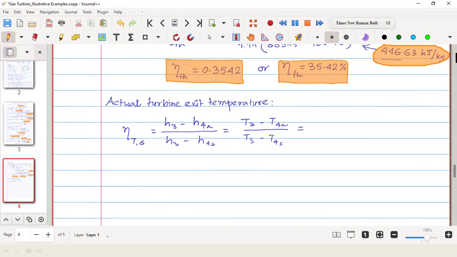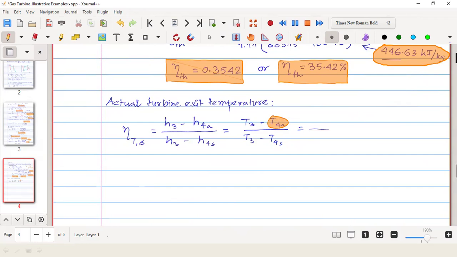So we know all things except this quantity. Except this quantity, we know everything else. Therefore, we can determine this from this equation.